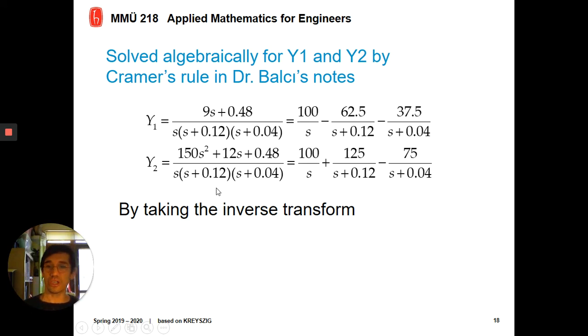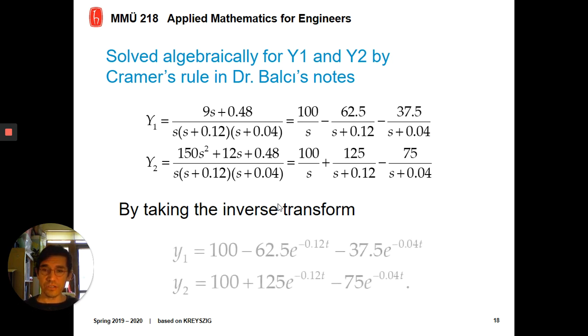You could do deconvolution too, but that's not going to be easy either. Deconvolution or partial fraction decomposition, you reach these. That's something you need to do maybe with a computer. You can use MATLAB to do partial fraction decomposition actually, and that will give you that.